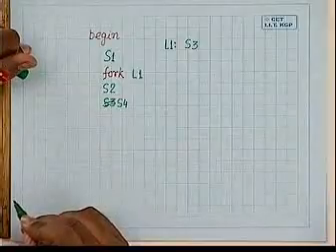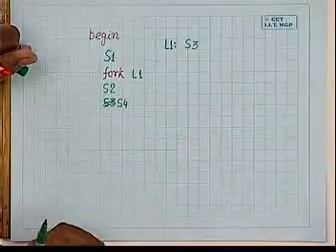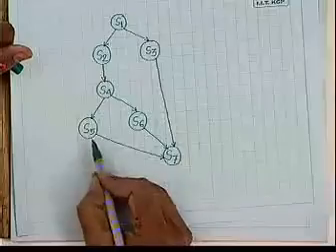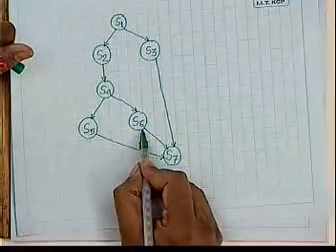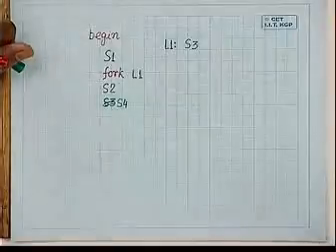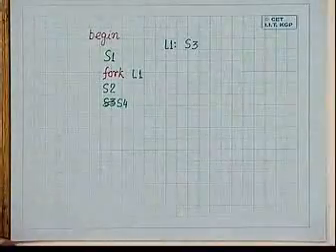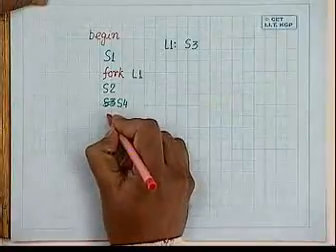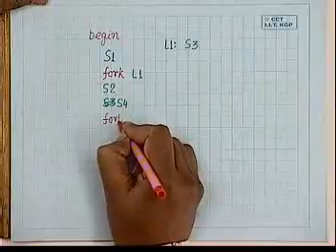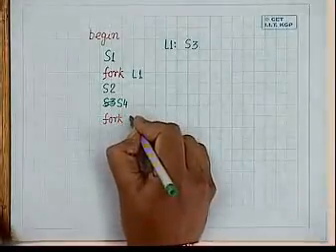After S4, again I can have two processes. One process will execute S5, the other process will execute S6. So again, I have to make use of a fork statement with a label. So I'll put another fork statement, fork with label L2.